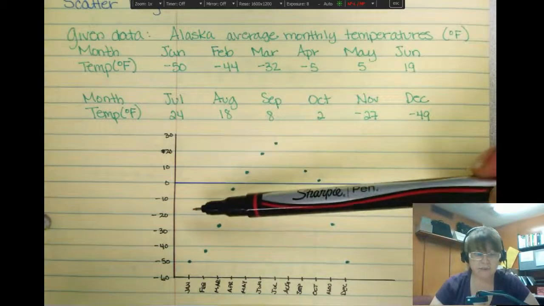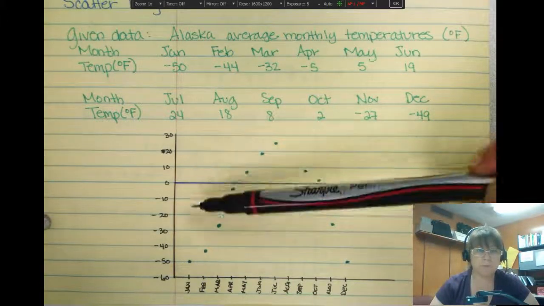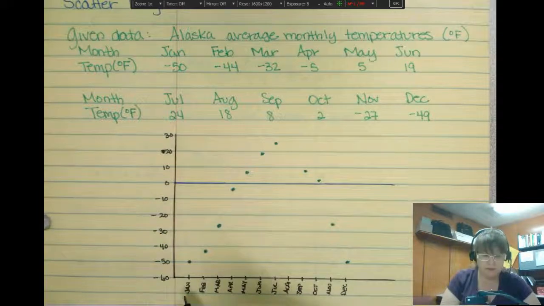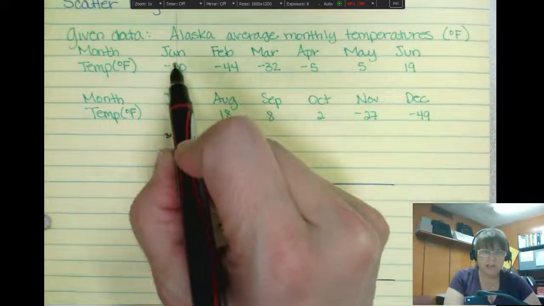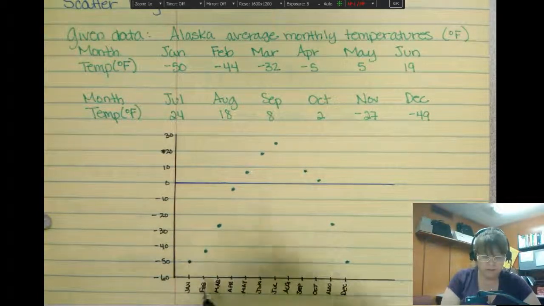We didn't say negative 50, negative 49, negative 48, and so on. We just did it by tens. And let's go ahead and plot. So January is negative 50, so we're just going to put a dot at negative 50.